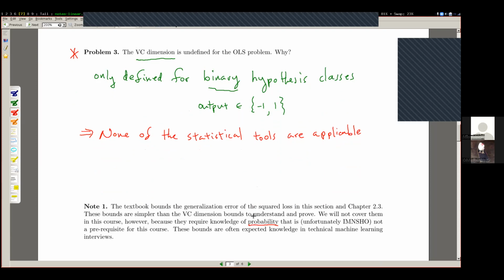And so we're not able in this class to talk about the statistical properties of ordinary least squares. We're just focusing on the classification case. Any questions about that?